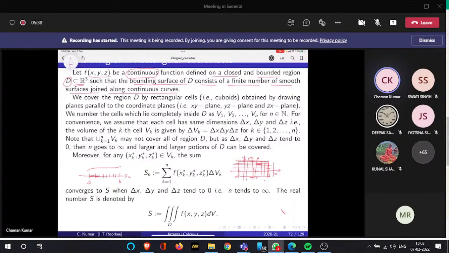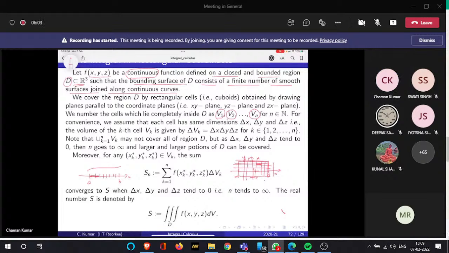Let us assume that you partition the x, y, and z axes in such a way that you get rectangular cells, and let us number these rectangular cells as v1, v2, and so on to vn.